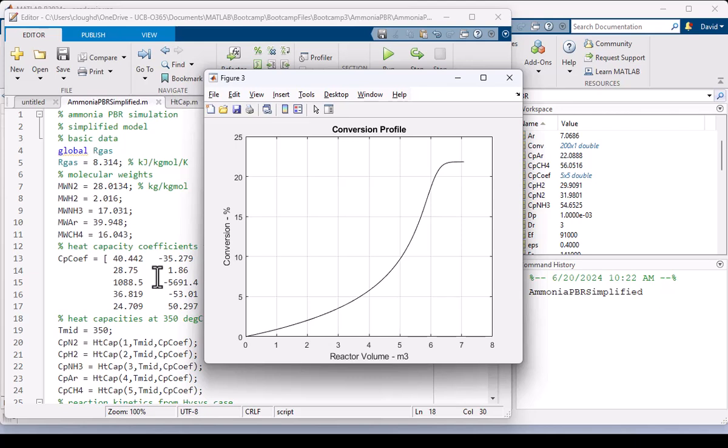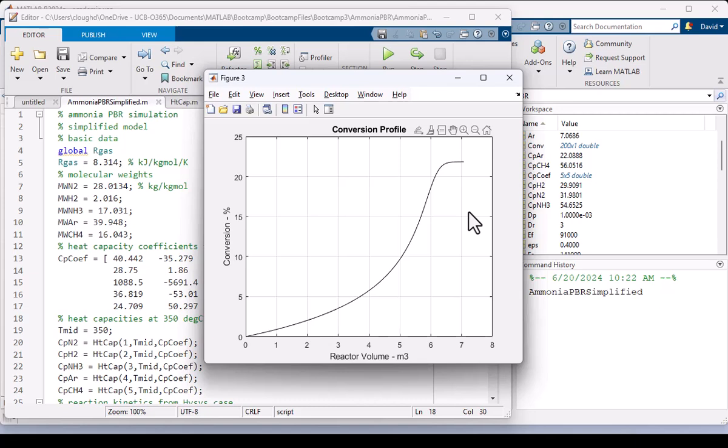What you will note is that for reactor volume, we have a total of 8-ish cubic meters, a little more than 7 cubic meters of reactor volume. We get close to that, and it appears that the reaction has slowed to a halt. It's looking like it's at about 22 to 23% conversion.